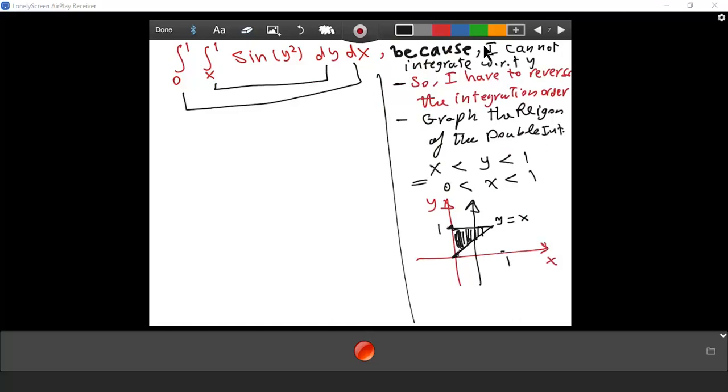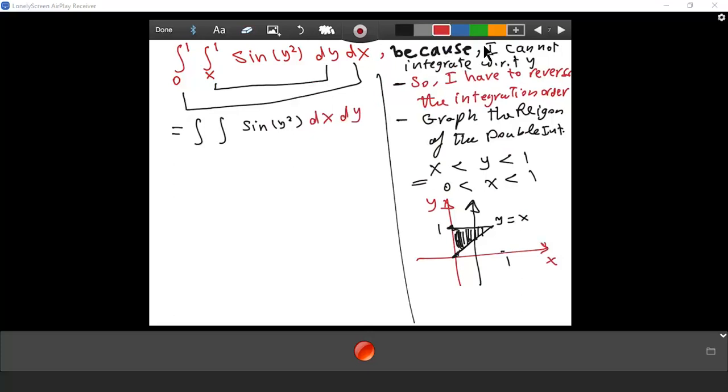This is my area. Now I know how I can swap and change the order of the integration. Okay. Now this one will equal the double integral of sine y squared. Instead of dx dy, I start with dx first and then dy. Okay.